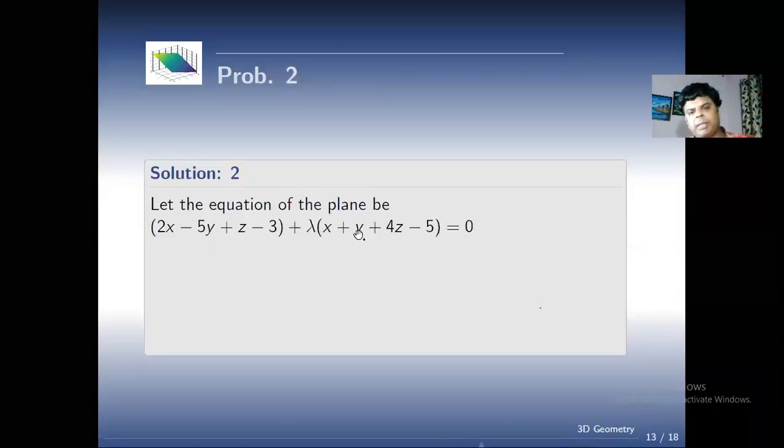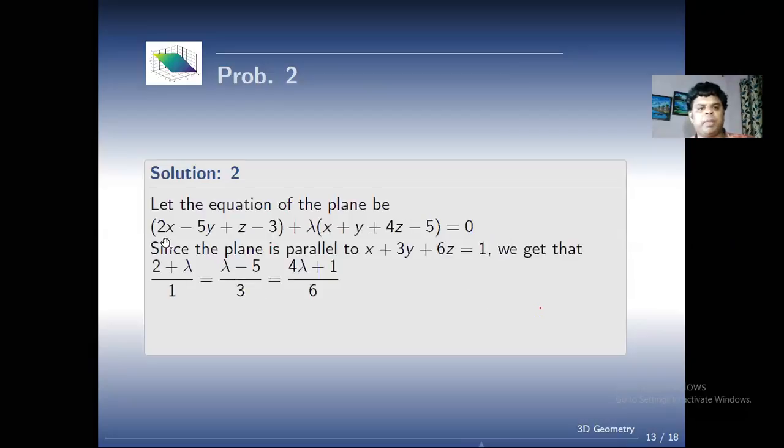P1 plus lambda times P2 must be equal to 0. If I collect the terms with x, y, and z, I'll get 2 plus lambda times x and lambda minus 5 times y and 4 lambda plus 1 times z.